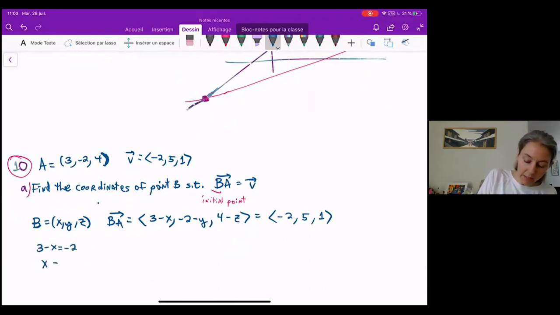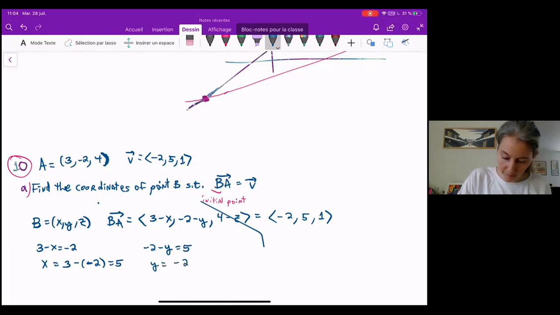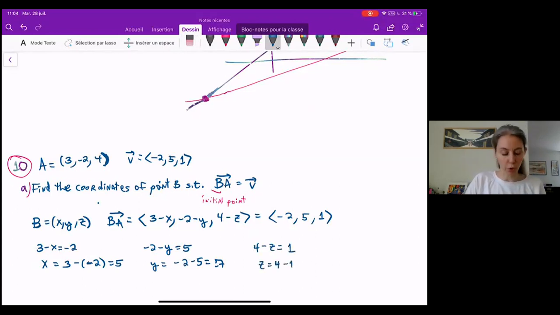This means x is equal to 3 minus negative 2, which is 5. Negative 2 minus y is equal to 5, which means y is equal to negative 2 minus 5, which is negative 7. And then 4 minus z is equal to 1, which means z is equal to 4 minus 1, which is 3. And so now we have our point, B is equal to 5, negative 7, 3.